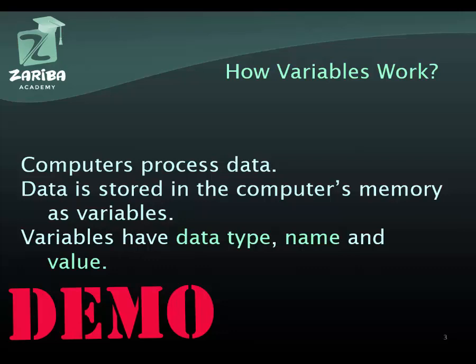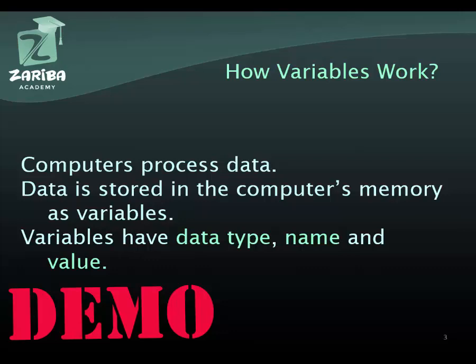Okay, how variables work. So computers process data. When you load up a program or an application or a website or something like that, the computer will have to process a lot of data. So let's say that you open some website. It has to read your pictures in some way, the titles, all the text, effects, and so on.